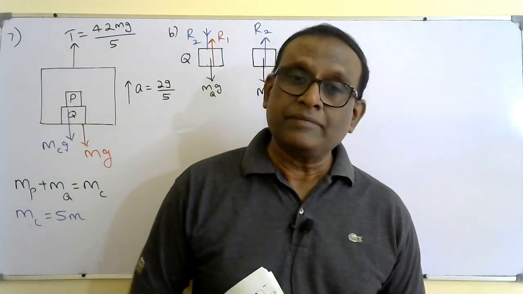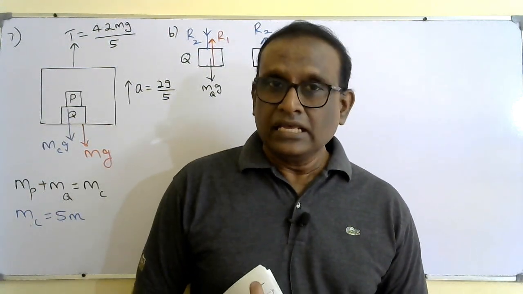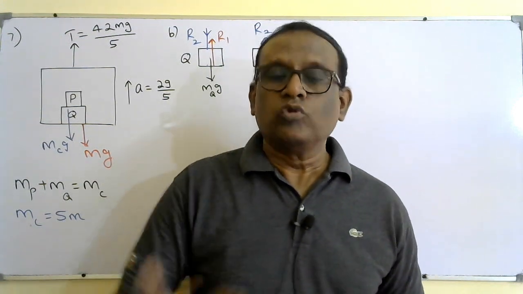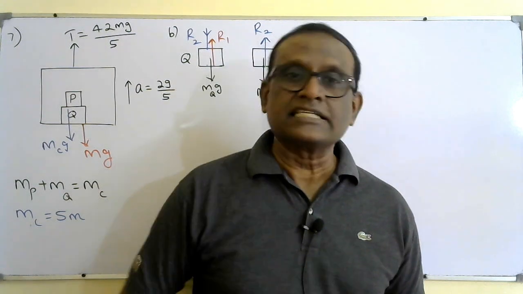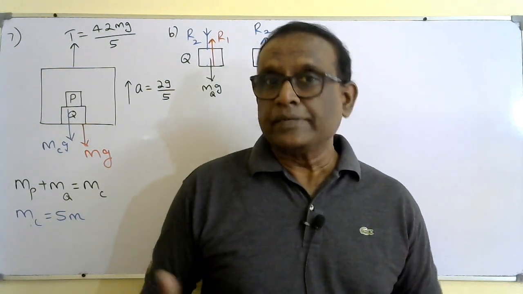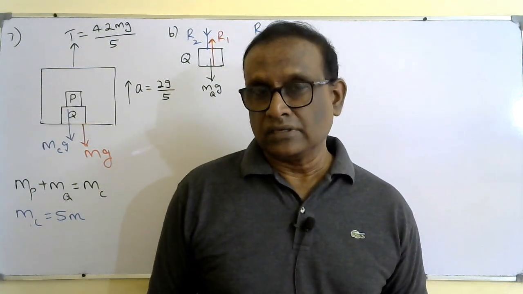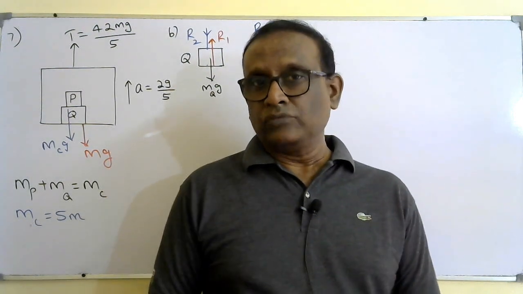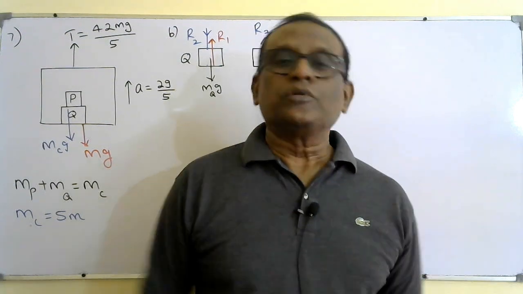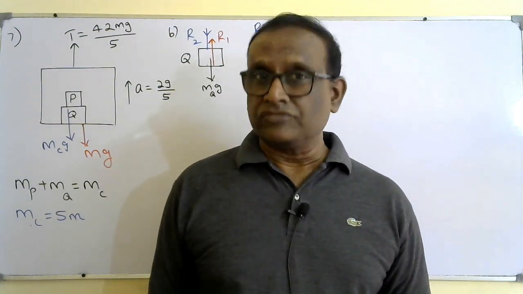Now, when the lift cage accelerates upward, everything inside the lift should also have the same acceleration. Otherwise, if the acceleration of your body is different from the acceleration of the lift, you might break the lift and come out. The rate of change of velocity should be the same as that of the lift cage.